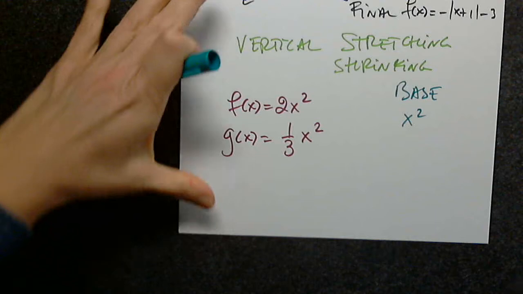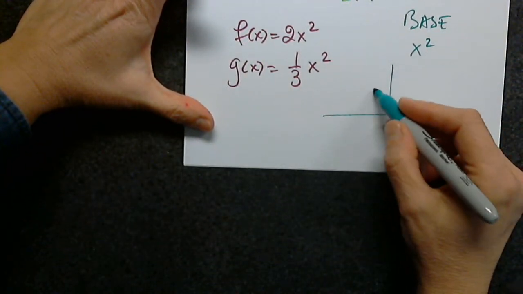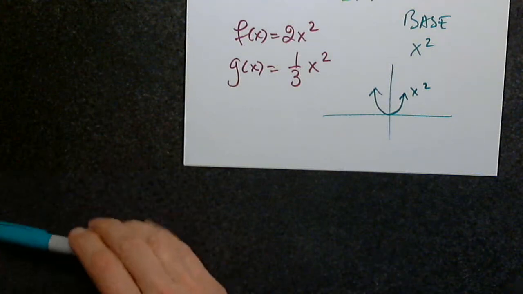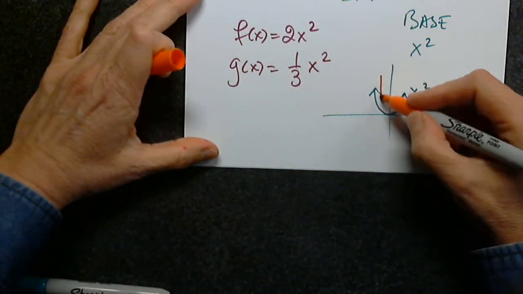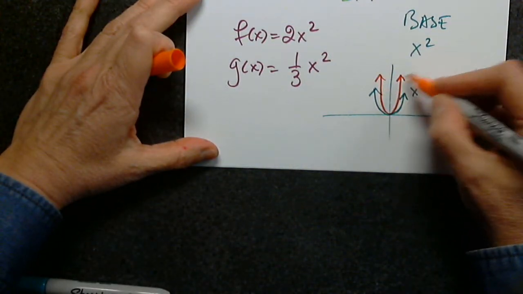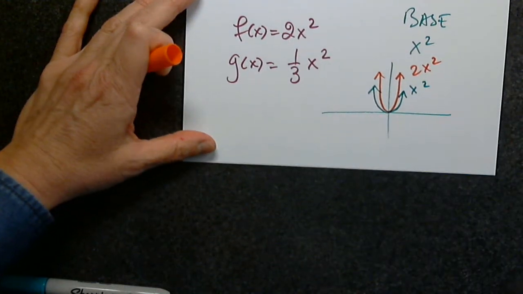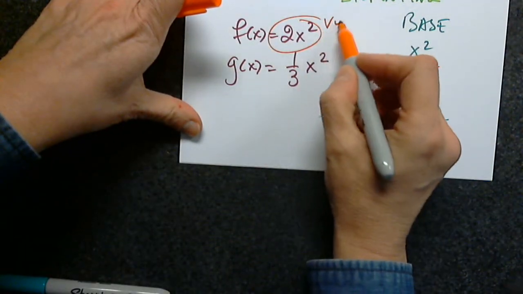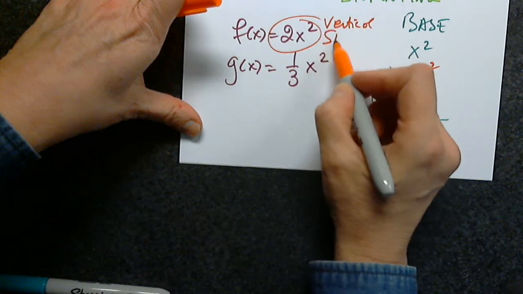So the base function is x squared, but twice x squared will look like this, because now all y values get doubled. So this is a vertical stretching.